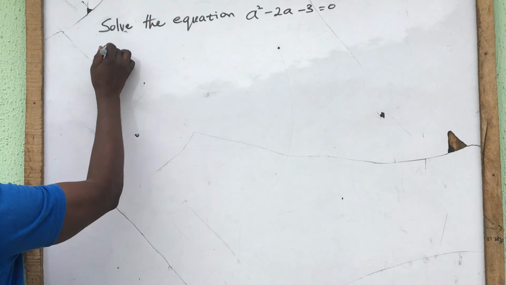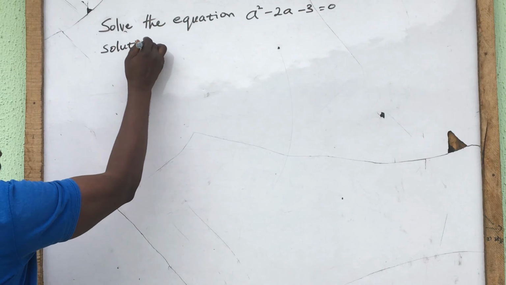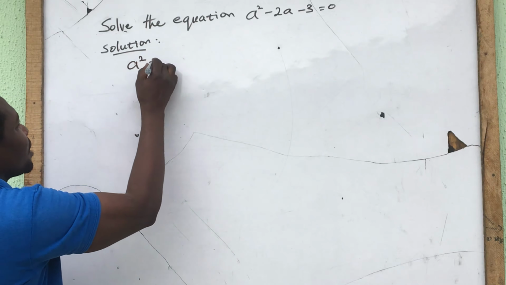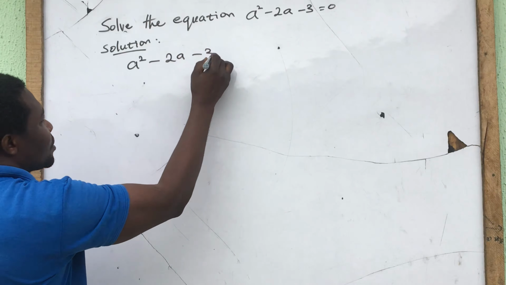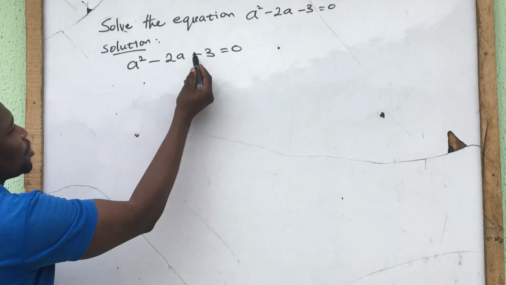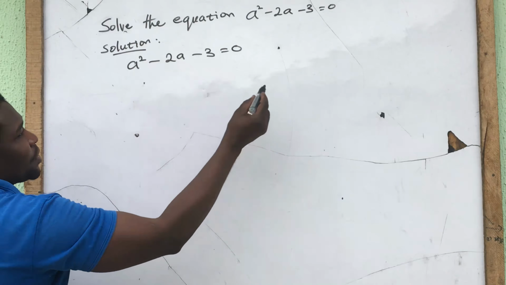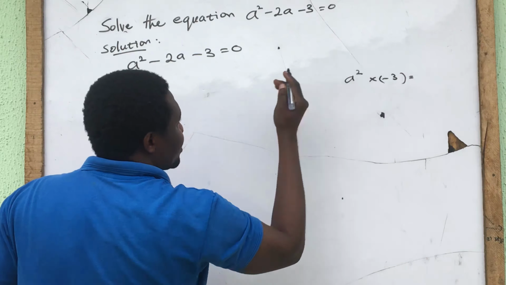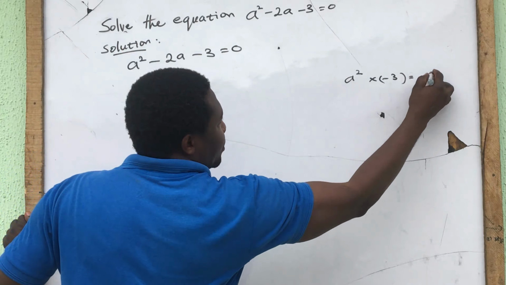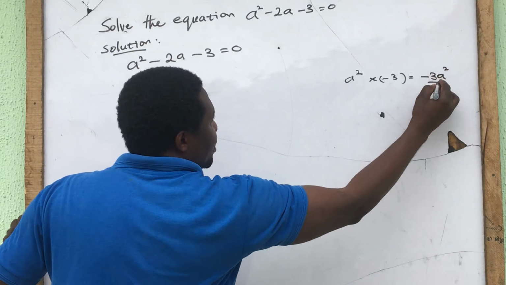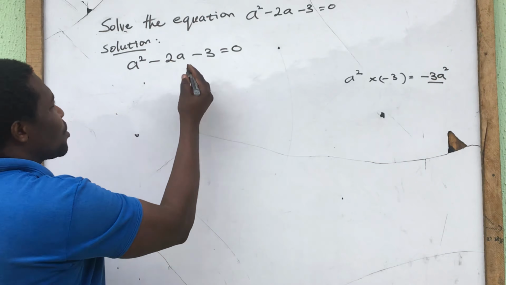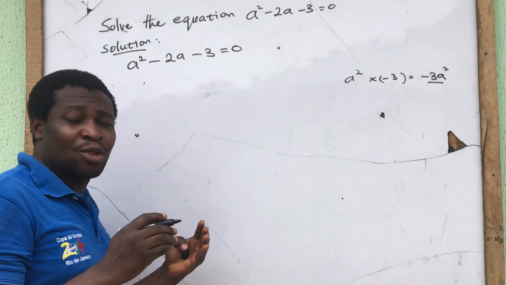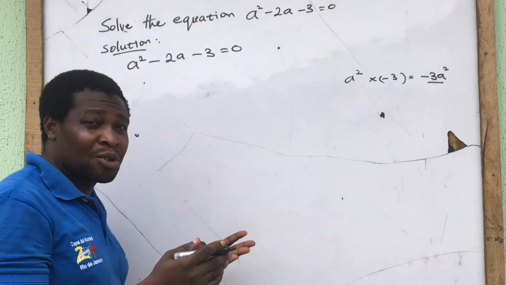So to solve this, let's solve a squared minus 2a minus 3 equals 0. So we need to look at this, then we multiply: a squared times minus 3 is minus 3a squared. With this minus sign, the signs of the factors are different. One will be minus, one will be plus.